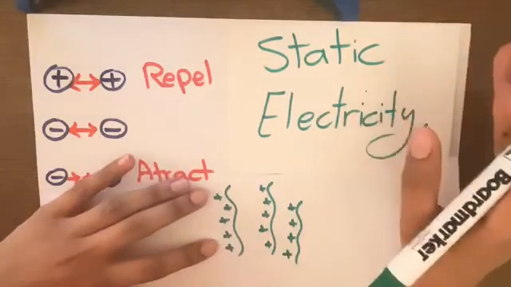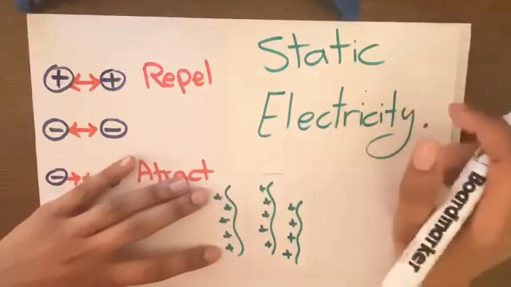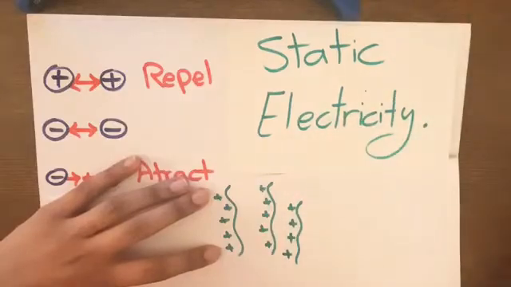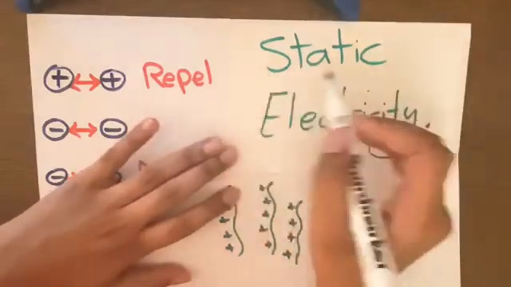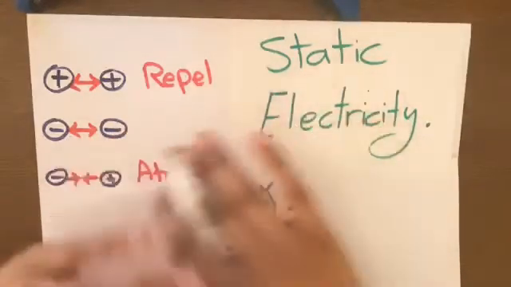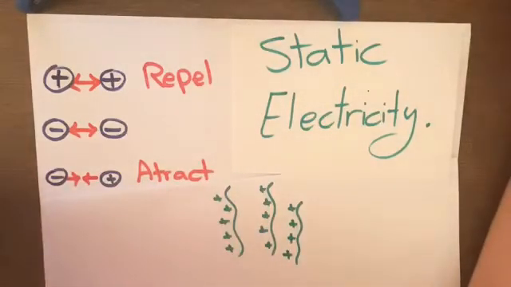So an electric charge can build up on an object, and this building up is static electricity. What do I mean by the word static? The word static means not moving. Not moving. So objects with opposite electric charges attract each other, and objects with the same charges repel one another.